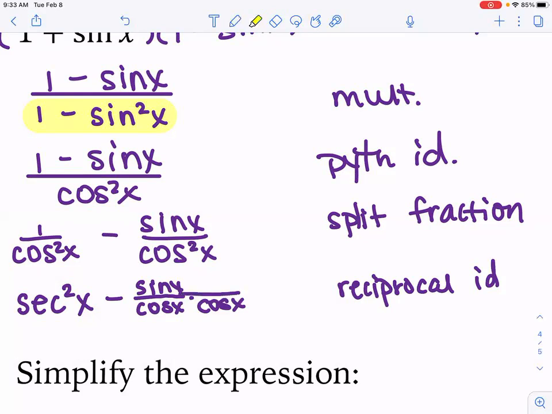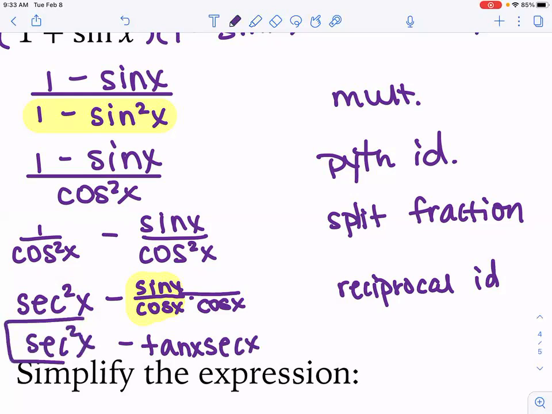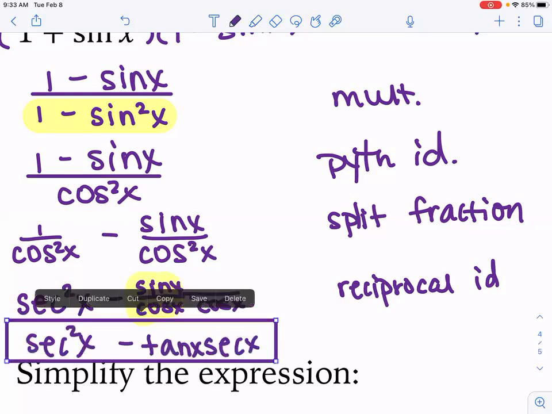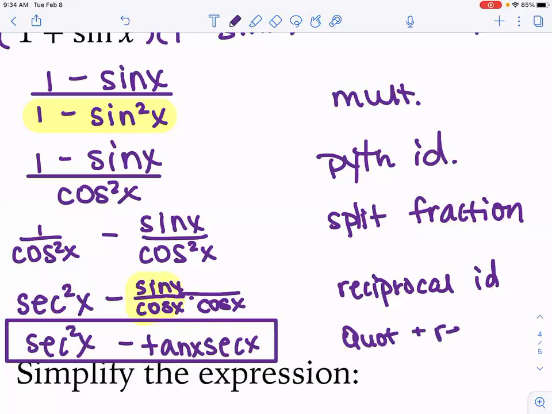We know that sine over cosine is tangent, but we still have cosine in the denominator. So we can think of 1 over cosine, which is secant. So we use the quotient and the reciprocal identities to get there.